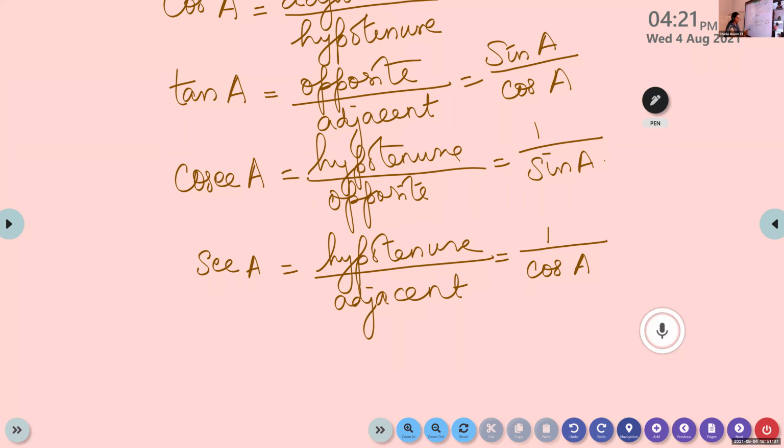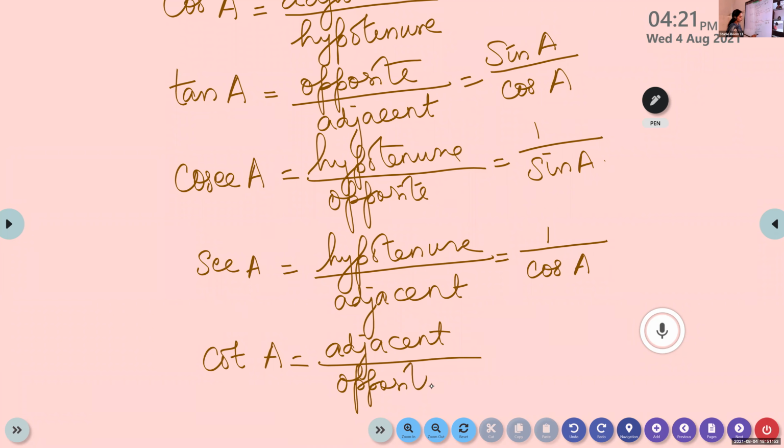The next one we have learned is cot A. Cot A is side adjacent to angle A by opposite. Listen, children, cot is the reciprocal of tan.